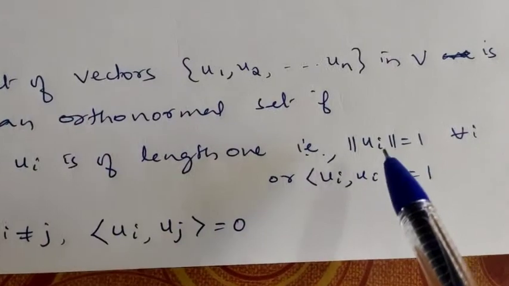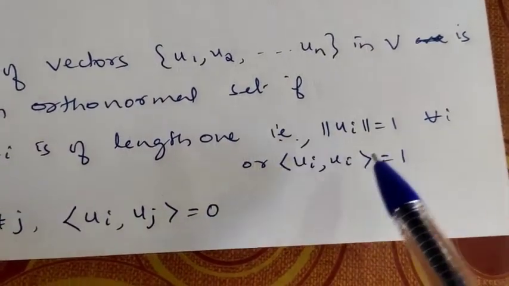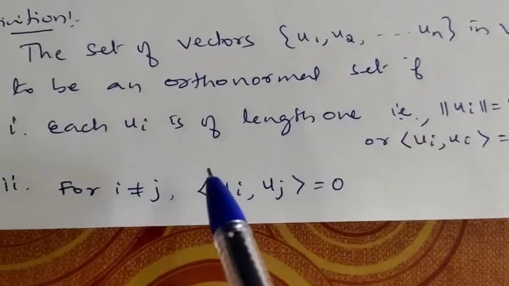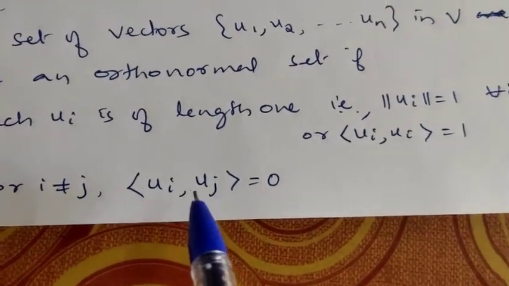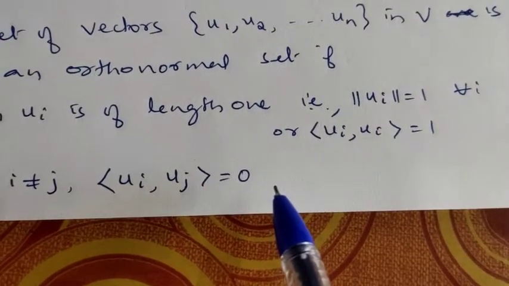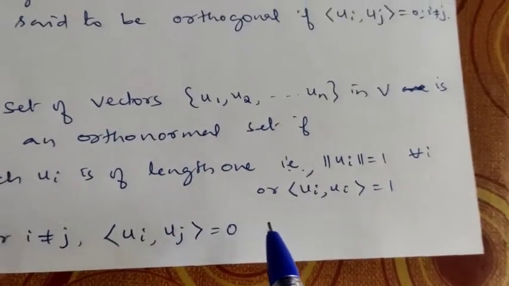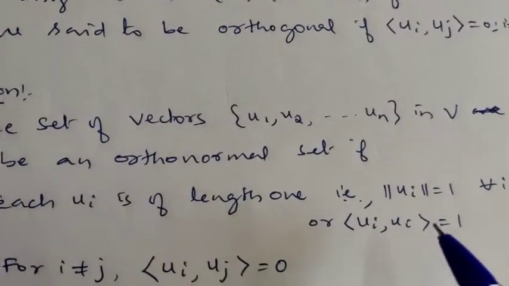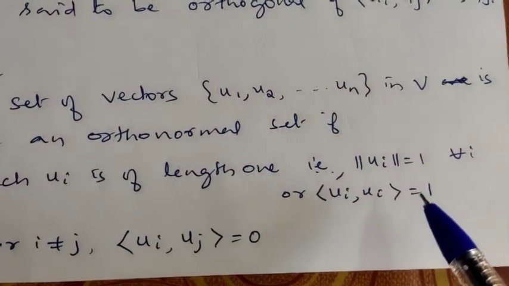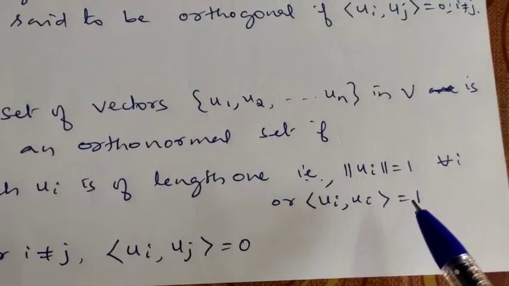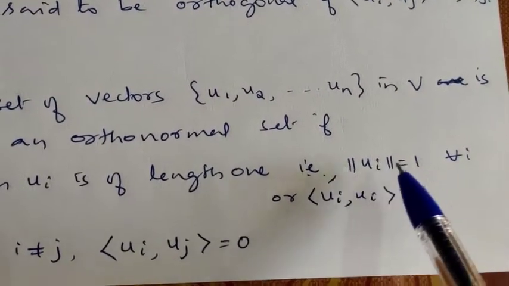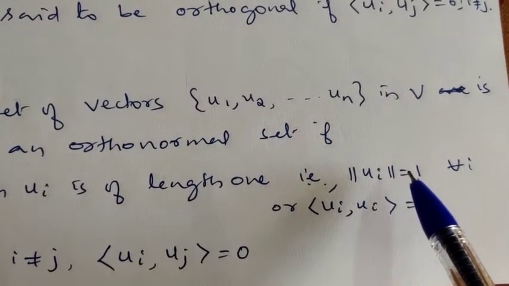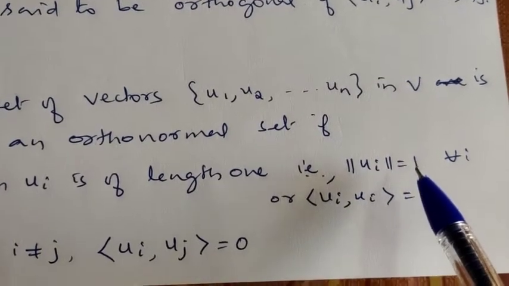That is, the norm of ui is 1 for each i, or the inner product of ui comma ui is 1 for each i, and for i not equal to j, the inner product of ui comma uj is 0. So the above set is an orthogonal set, and this is an orthonormal set. Orthonormal vectors are those which are orthogonal as well as having unit length.